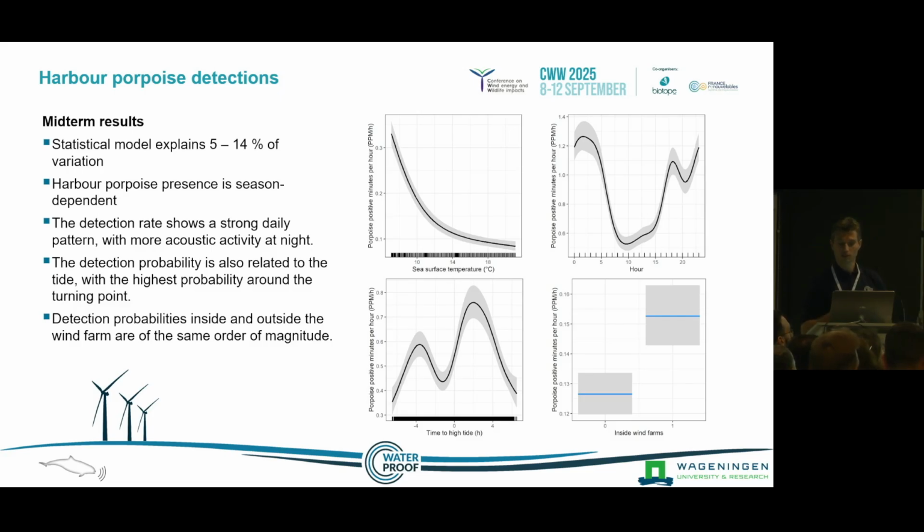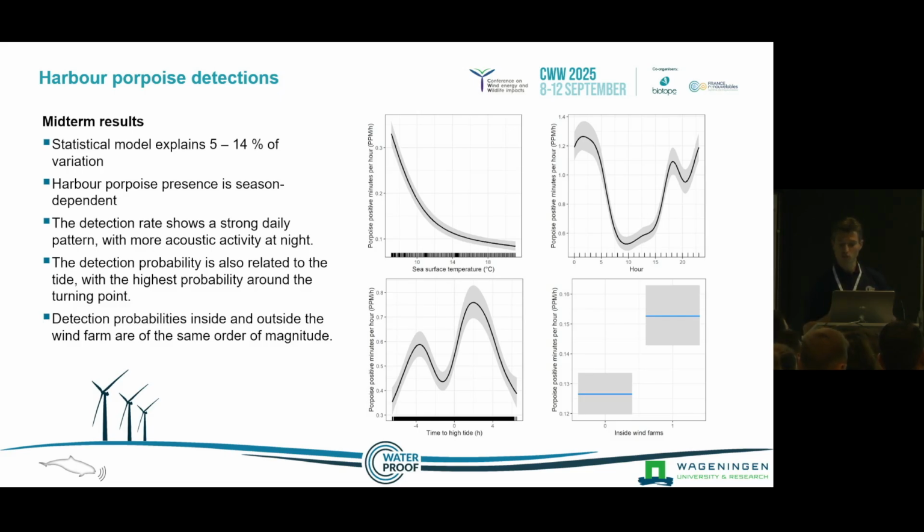So in winter and spring, when the waters are colder, in this area there are more harbor porpoises present. We can also see a correlation with the tidal variations, and also a daily correlation is there. So in the night, harbor porpoises are more active than during the day in this area.